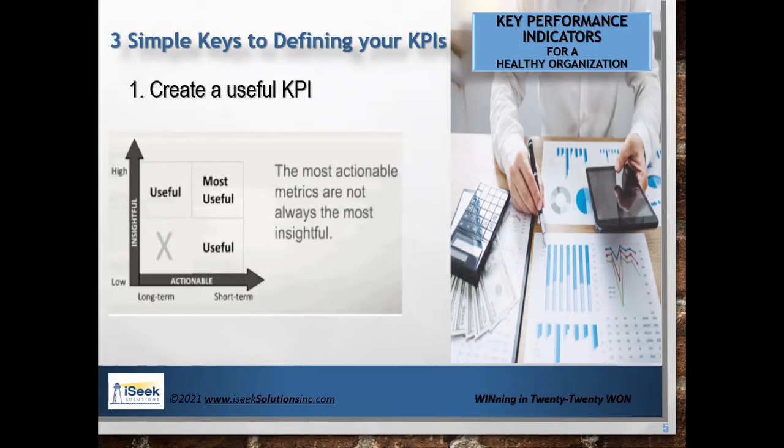So that makes plenty of sense, right? We don't want performance indicators that measure the wrong things, that don't provide information to those who need to make decisions in order to make corrections, to make adjustments.